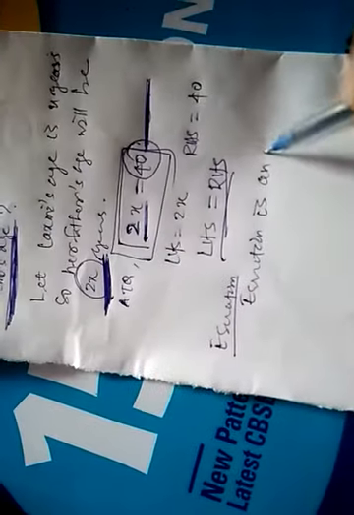So you got one equation. An equation is an equality of two expressions, which means the left hand side is equal to the right hand side.